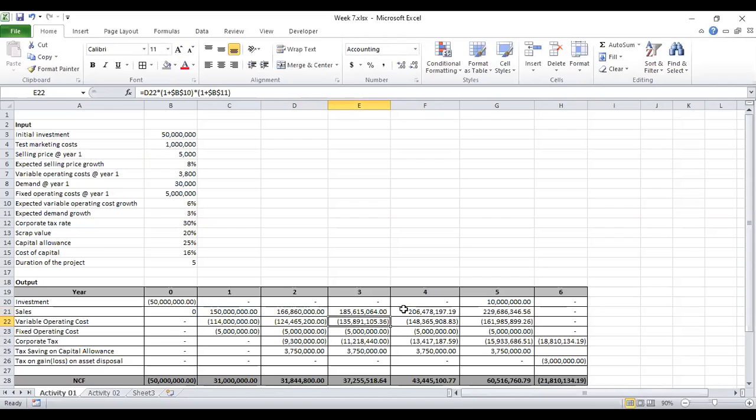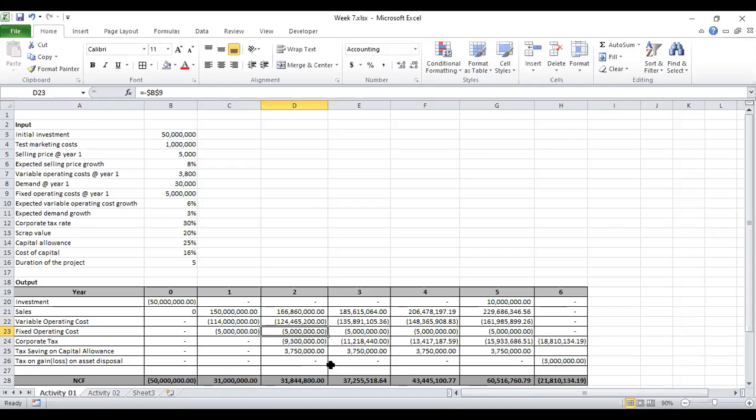You have taken that up until the 5th year. Good. Then similarly, we would like to see the variable operating cost, right? There you have taken the demand multiplied by the variable operating cost. Good. Then most importantly, the second year. Similarly, you have incorporated the variable operating cost growth and the demand growth there. Good.